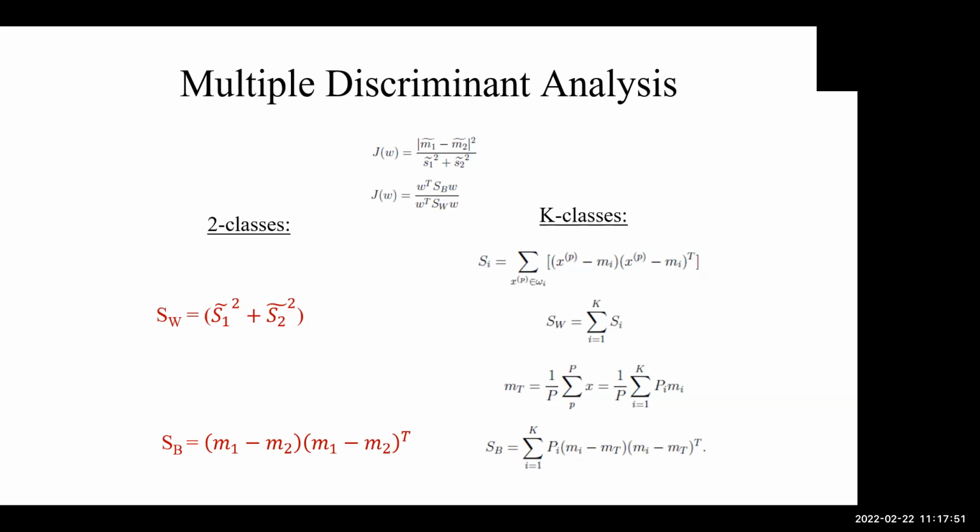And we're going to take our between matrix and do it by looking at a priori probabilities, how many data points we have for every one, and then adding up all those different between matrices. So we can do between class 1 and class 2, between class 2 and class 3, between class 1 and class 3.